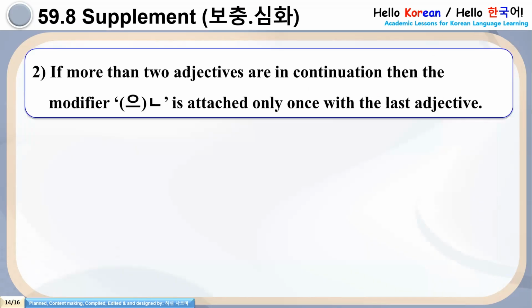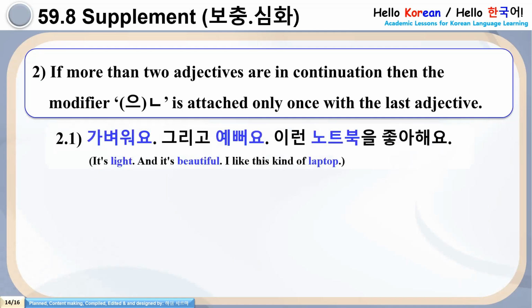Next, if more than two adjectives are in continuation, then the modifier un is attached only once, with the last adjective only. What is the meaning of this statement? See here. 2.1. 가벼워요. 그리고 예뻐요. 이런 노트북을 좋아해요.